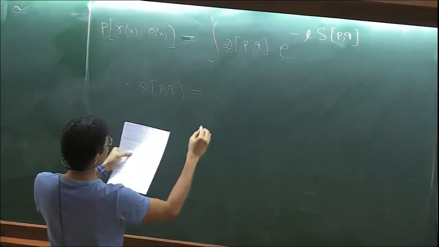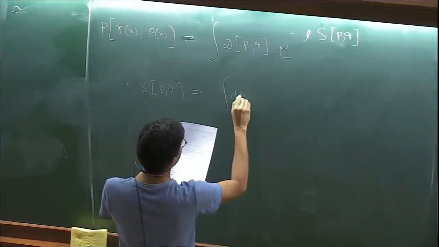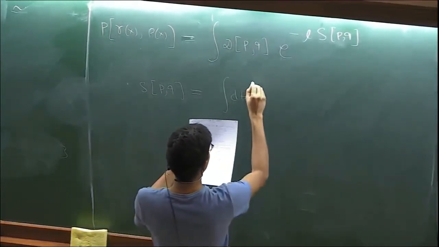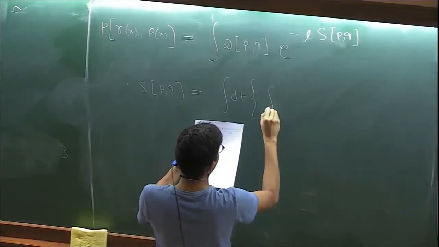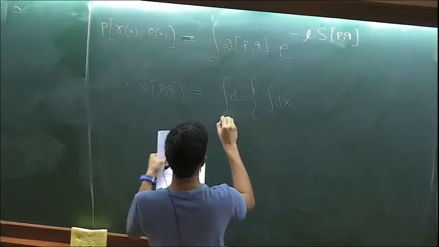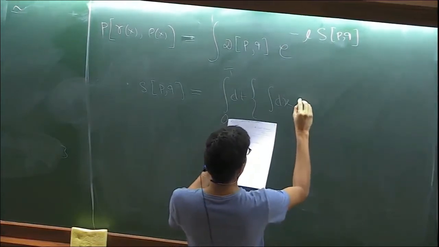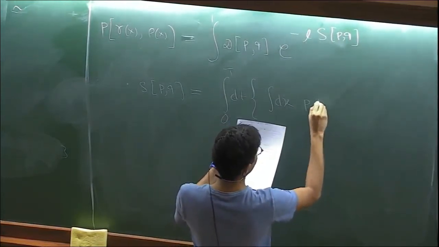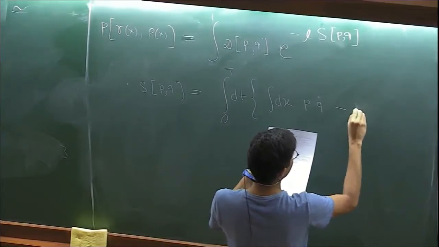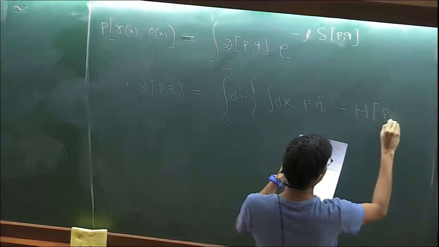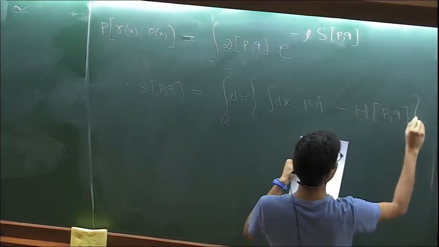You will find that it has a Lagrangian picture, so I'm going to write it as p q dot minus h of p, q. So this is the Hamiltonian.